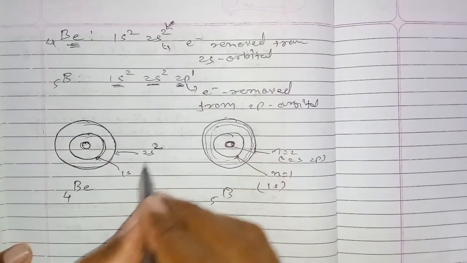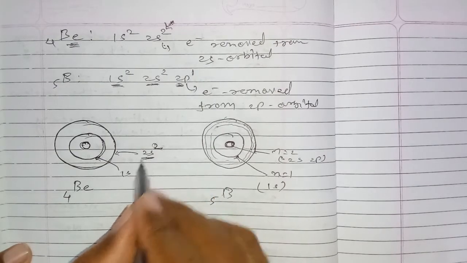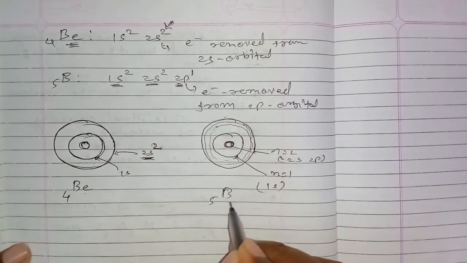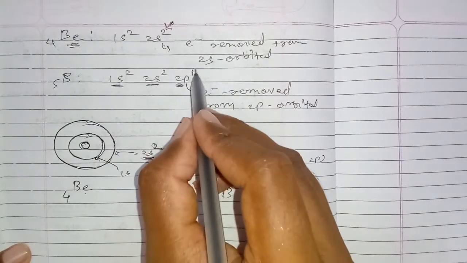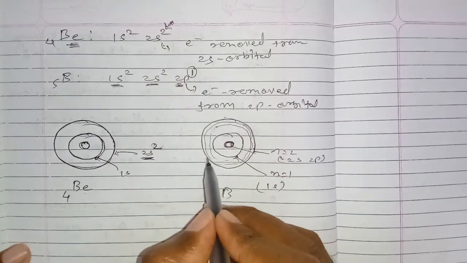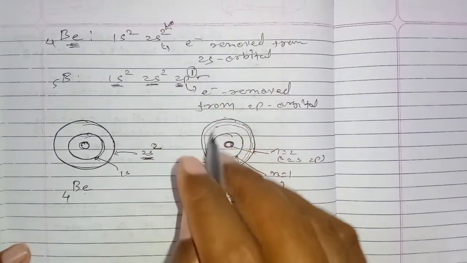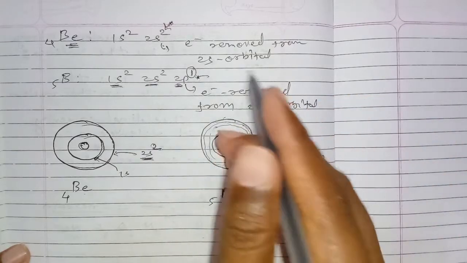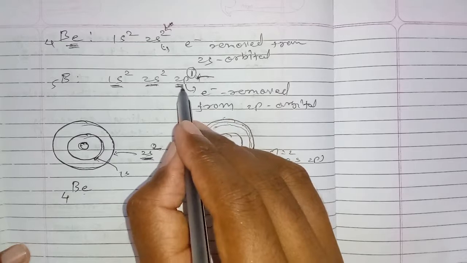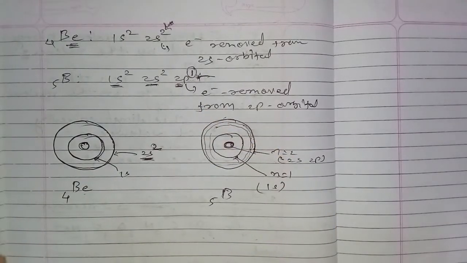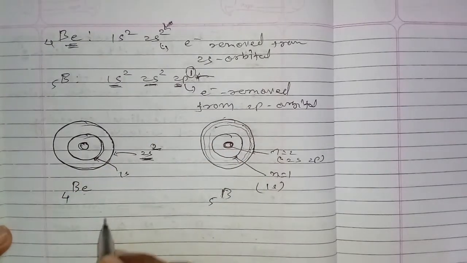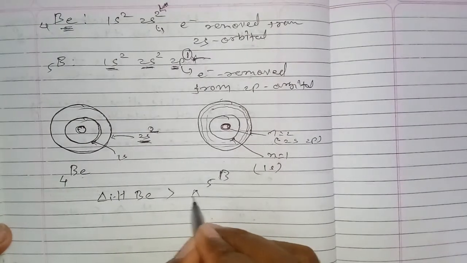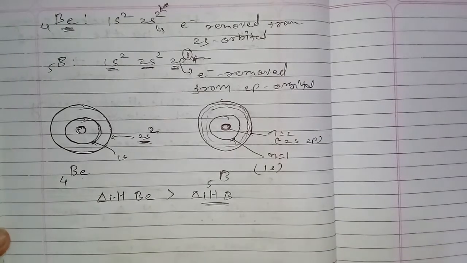And from this 2s orbital, it is difficult to remove an electron, while in case of boron, 2p orbital experiences less effective nuclear charge, and for this reason its electron can be easily removed, or less energy is required to remove an electron from the 2p orbital, and therefore the ionization enthalpy of beryllium is higher than ionization enthalpy of boron.